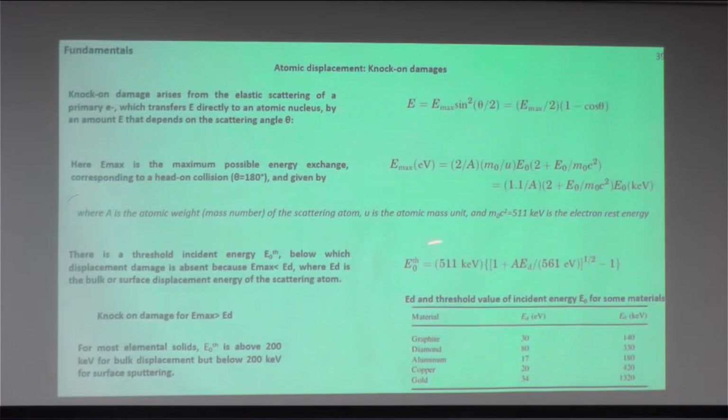But if we insert this ED value into E0, the threshold excitation energy which is required to shift the atom from the lattice, we can see that it depends on E0 and material properties. So for graphite we need only 140 kilo electron volt, for diamond 300, for aluminum 180, and so on. So we see that it depends on the energy, and if we have some light elements, we can easily kick out atoms or destroy the structure in the TEM.